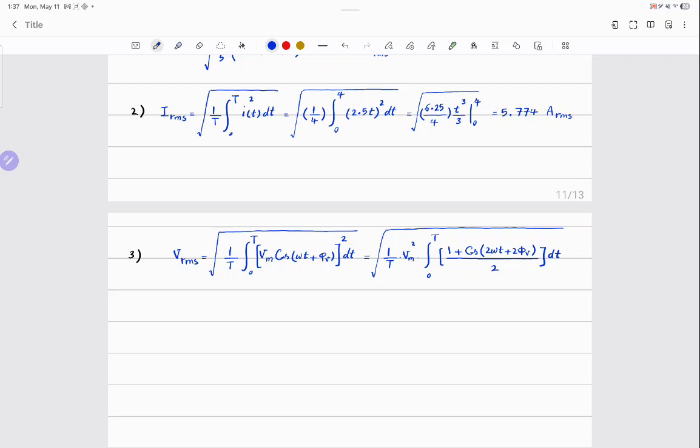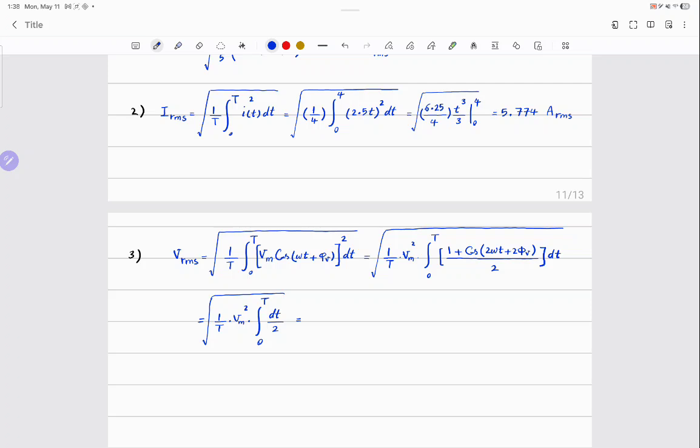We can write and see it, but it's just a waste of time. So from the integral, the only part that remains is 1/2. So this is what I'm going to get. 1 over T, Vm squared, integral from 0 to T of dt over 2. It's equal to. Now, what is the integral of dt from 0 to capital T?